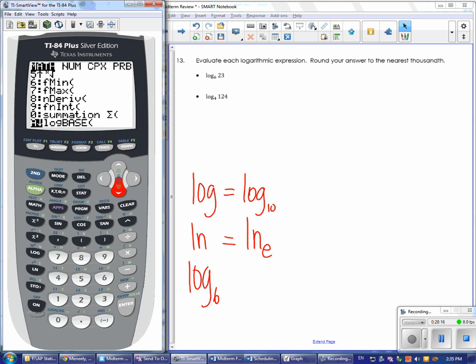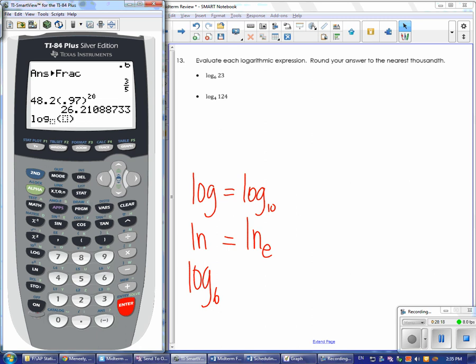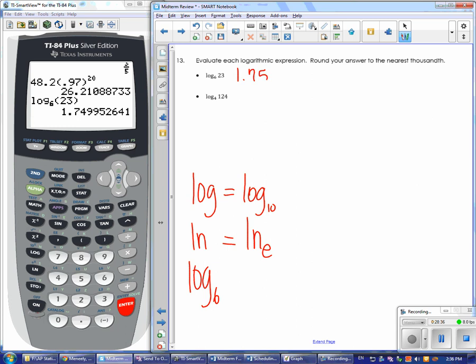If you choose this option, it'll give you the log expression with the base in it. So you can just type in the 6 in that little subscript, and then type in your argument, the 23. And you end up with 1.74995. That's going to round to 1.75.